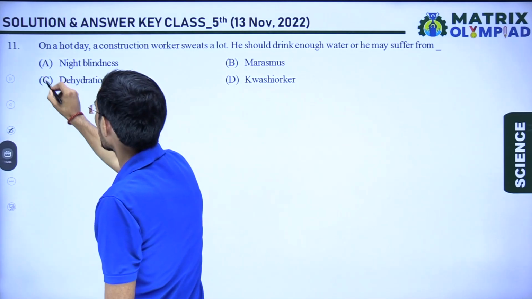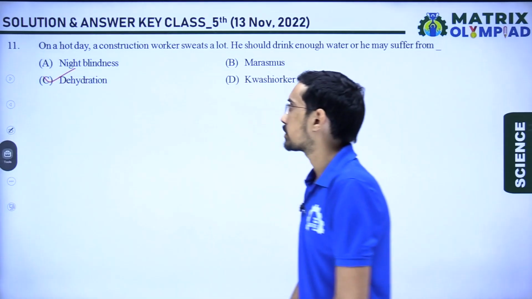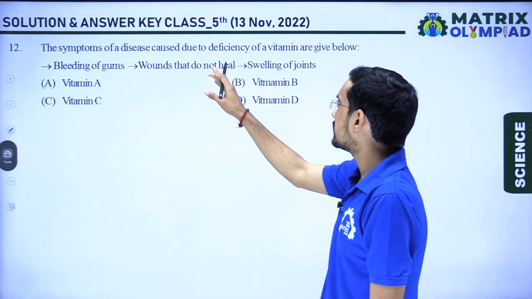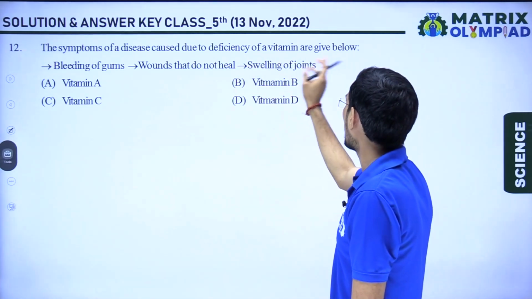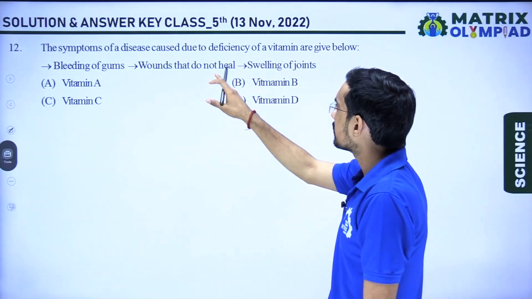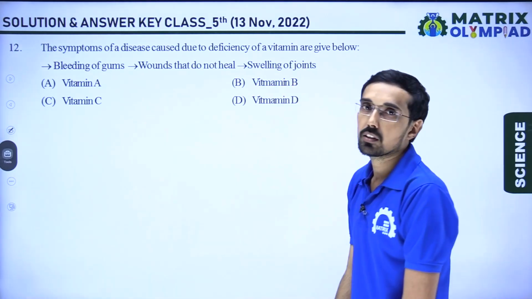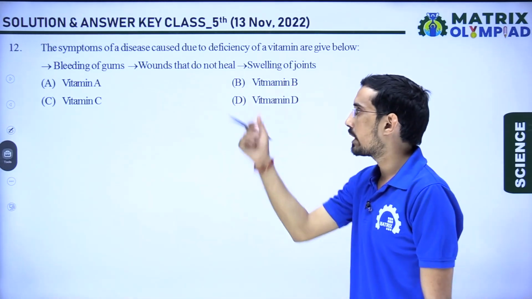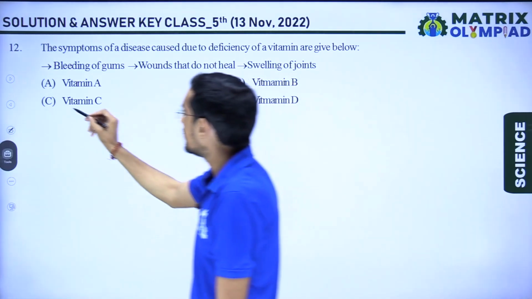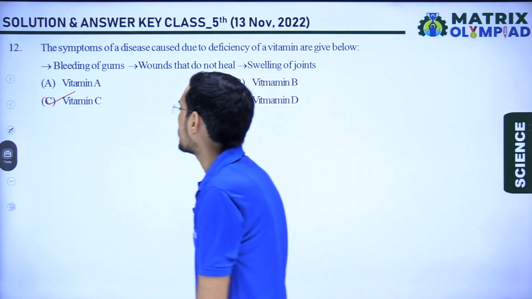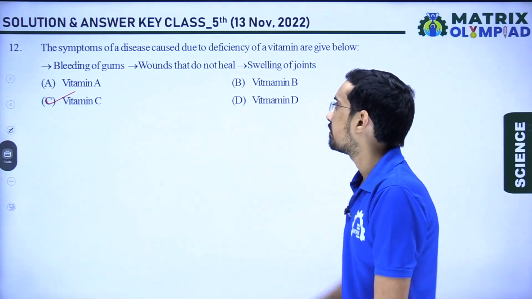Dehydration is the loss of water from our body. Next question. The symptoms of a disease caused due to the deficiency of vitamin are given. Bleeding of gums, wounds not healing, swelling of joints. These are the symptoms which are caused due to the deficiency of vitamin C. So, our most appropriate answer will be vitamin C.